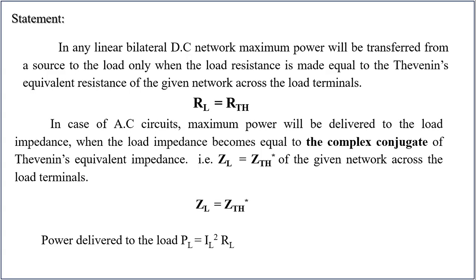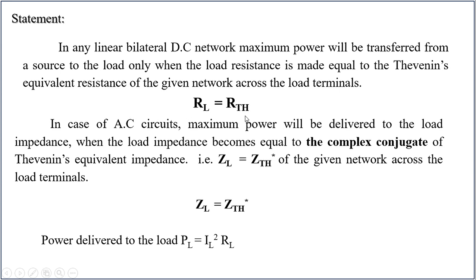So let us start with the statement. The maximum power transfer theorem states that in any linear bilateral network, that may be a DC network or an AC network, and as of now we consider a DC network, maximum power will be delivered to the load if the load resistance is made equal to the Thevenin's equivalent resistance.